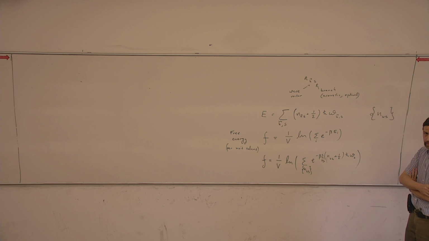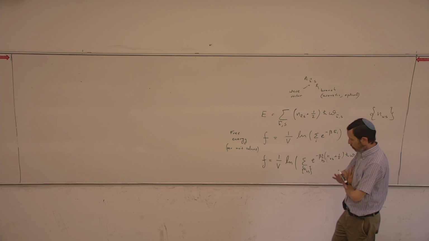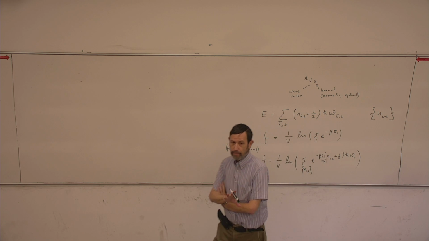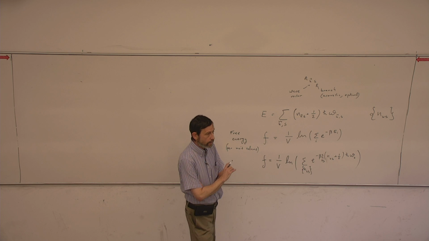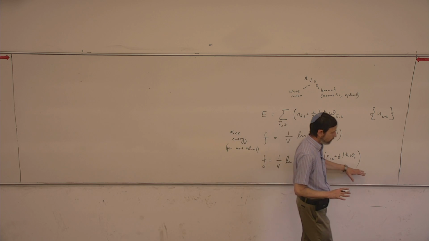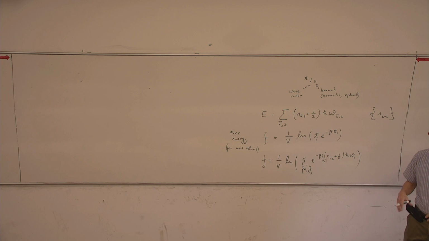Charles, but here you treated it like a canonical ensemble, not a grand canonical. Because it's E minus beta EI, and in a grand canonical there's supposed to be a mu n, right? I'm now looking at basically all the possible states.